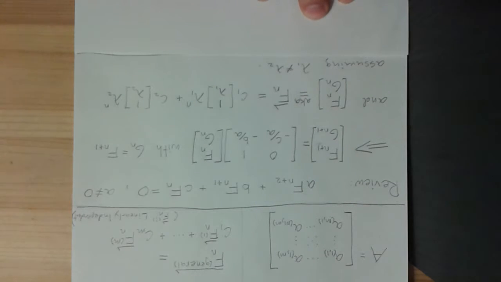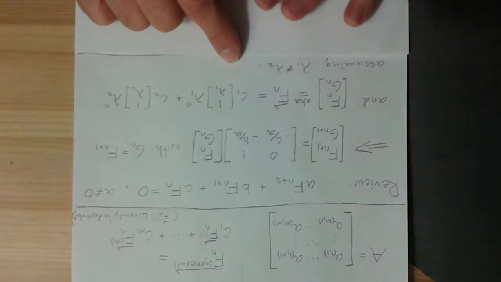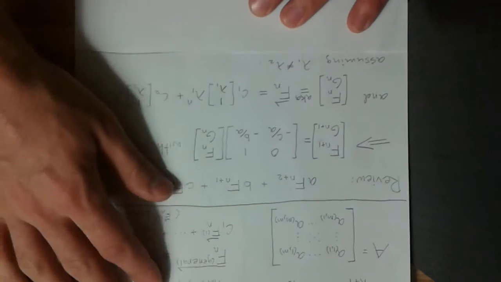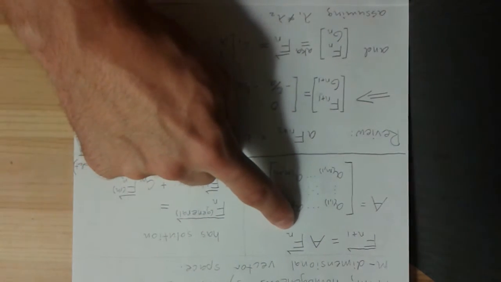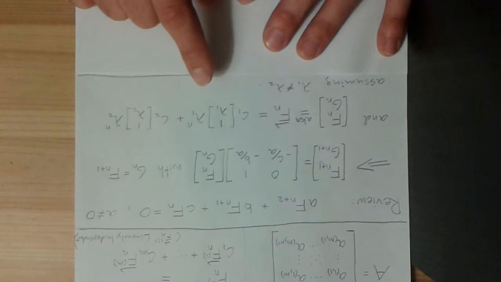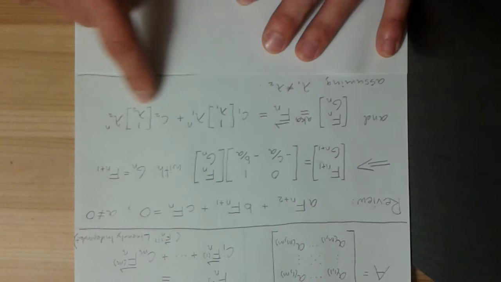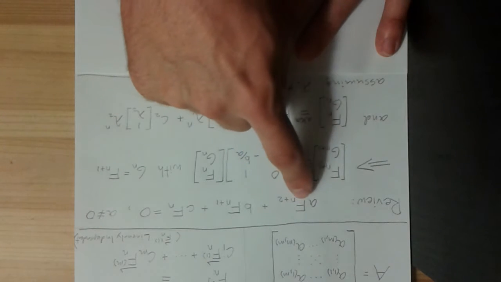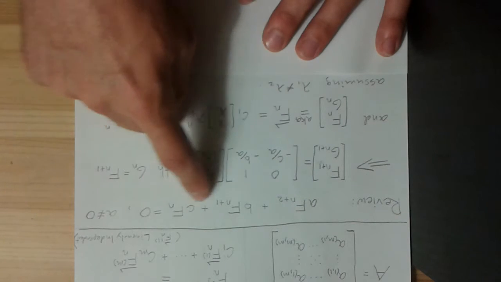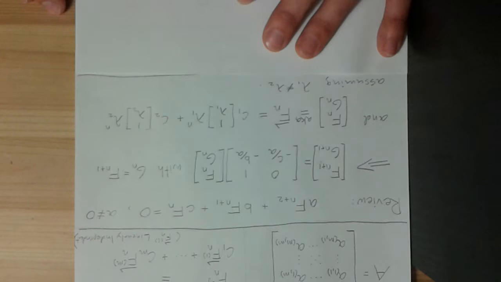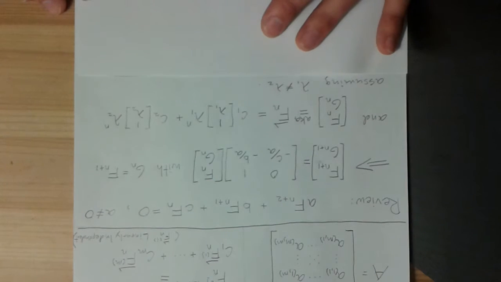But this is actually kind of useful if we're trying to solve the general m by m homogeneous system, this one here. So this is not necessarily what the general solution is going to look like. This was assuming that we started with this kind of second order equation here, and that's not always the case, as I also explained in that first video.